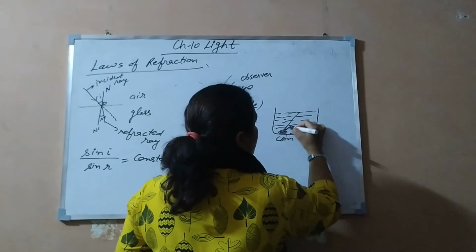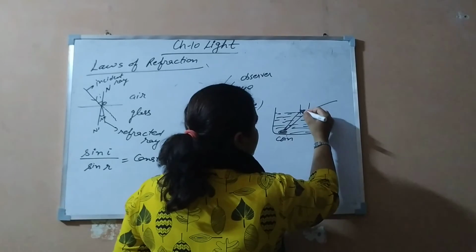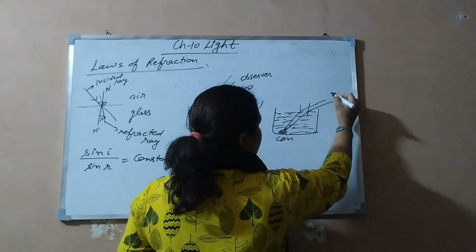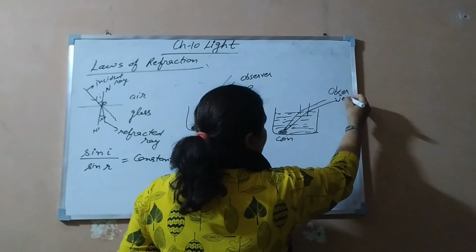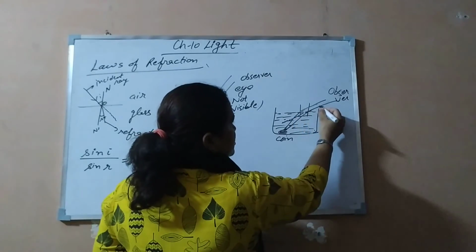Here the rays will go like this, and here they go away. So here is the observer. Okay, here is the observer. So when the observer sees now, he will see according to this point.